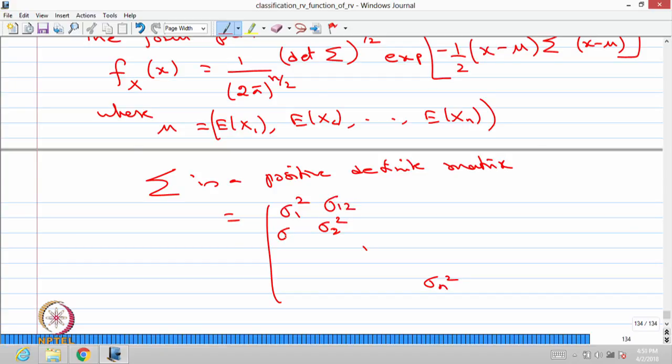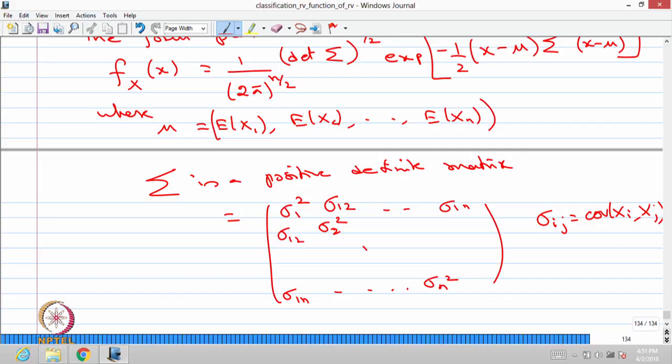Since sigma 1 2 is the same as sigma 2 1, we write both as sigma 1 2, and the last element in the first row is sigma 1 n, where sigma i j is nothing but the covariance of xi with xj.